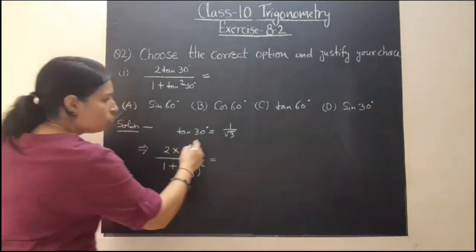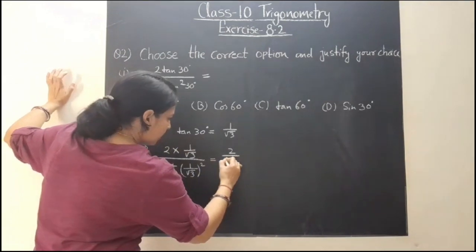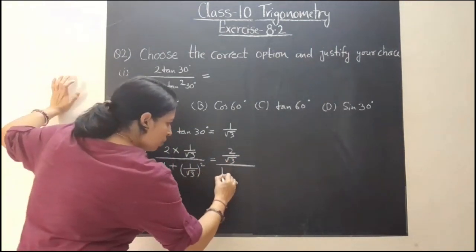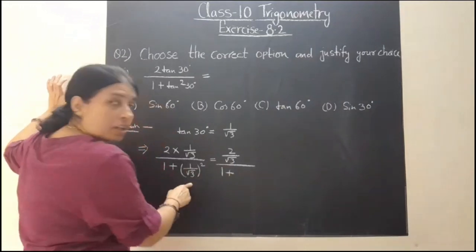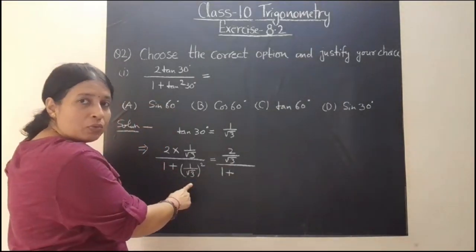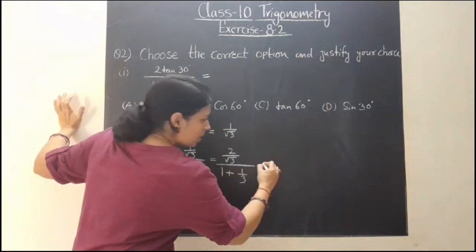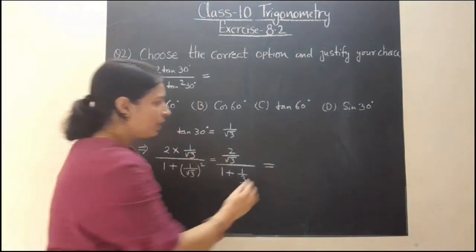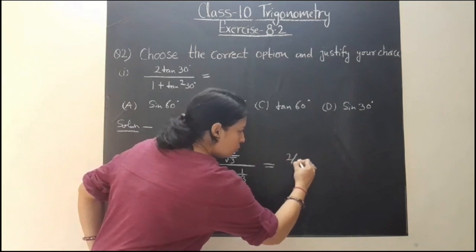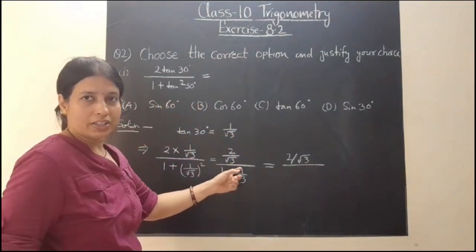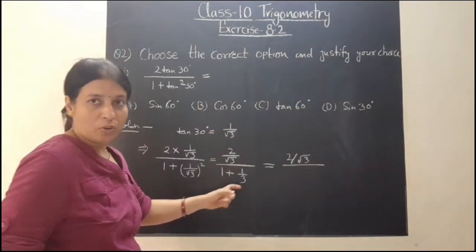So you will get 2 by root 3, which is divided by 1 plus square of root 3 will be 1 by 3. So write here 1 by 3. So again write 2 by root 3, which is divided by 3 plus 1. 3 and 1 is 4 by 3.